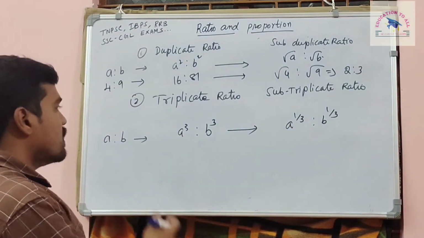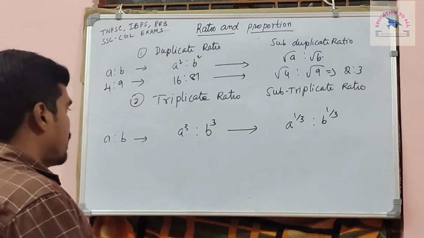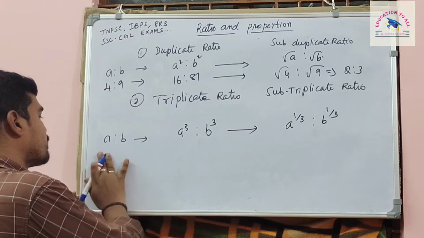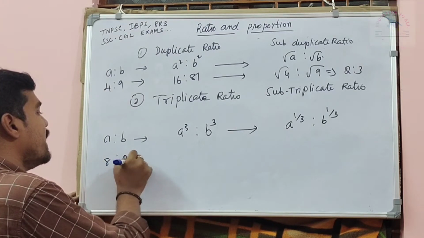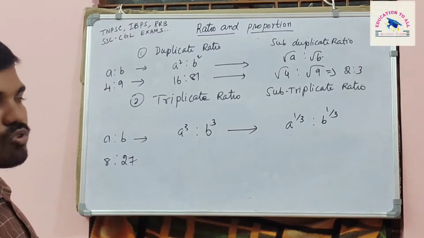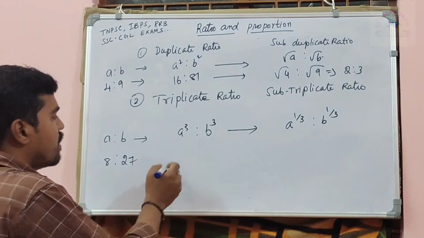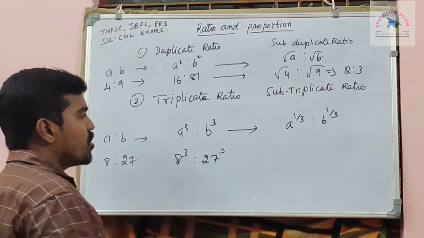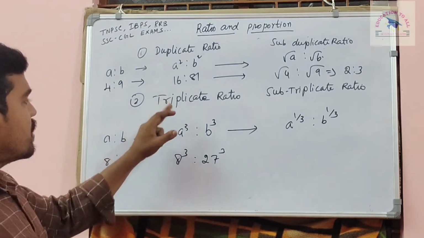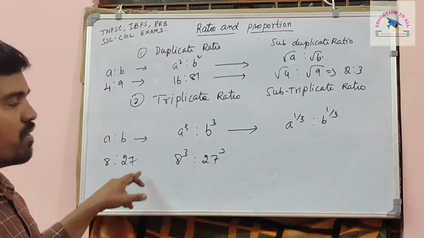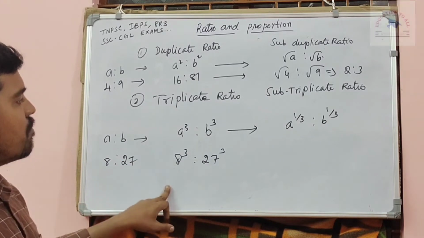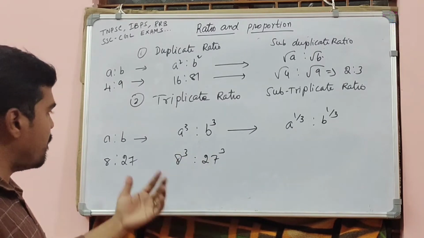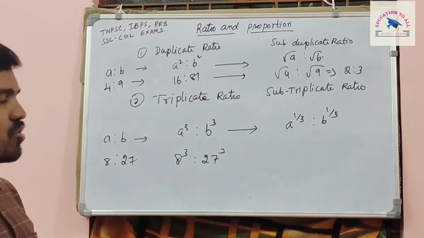Okay. Now, let me take an example. So here, 8 is to 27, I am taking. So here 8 cube is to 27 cube is the triplicate ratio of 8 is to 27. 8 cube, 216, will come. So 27 cube, if we expand, we will get the value of that. Then which will be the triplicate ratio of 8 is to 27.